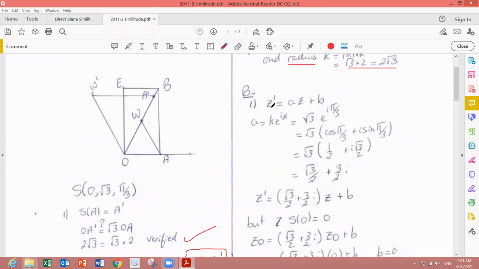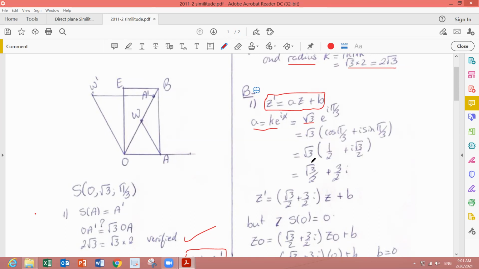Complex form: Z prime equals AZ plus B. A equals K times e to the i alpha, which is radical 3 e to the i pi over 3, equal to radical 3 times cosine pi over 3 plus i sine pi over 3, equal to radical 3 times half... cosine 60 is a half, sine 60 is radical 3 over 2.